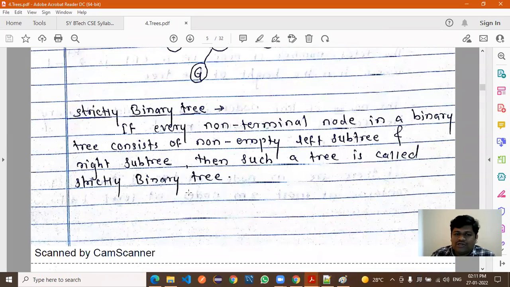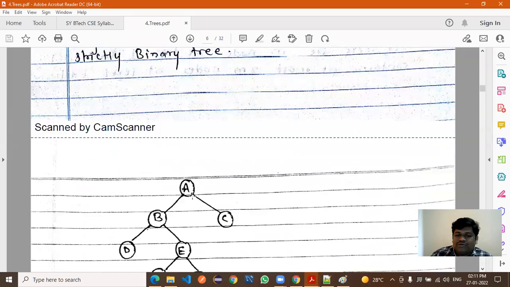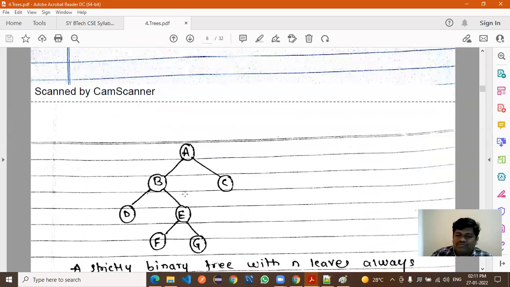Now next is the strictly binary tree. Now if every non-terminal node in a binary tree consists of a non-empty left subtree and right subtree, then such a tree is called a strictly binary tree. So example of the strict binary tree. So here, this is the root node, right?